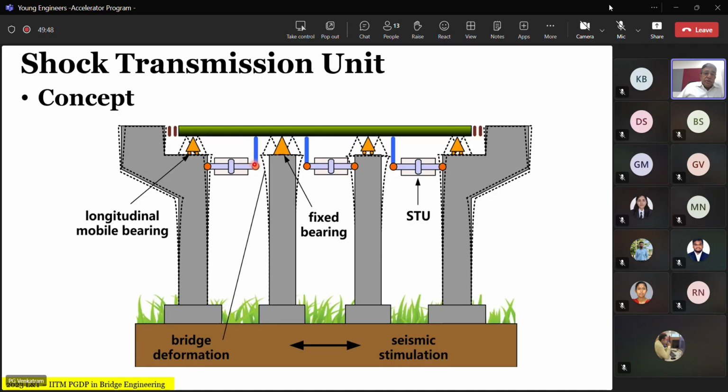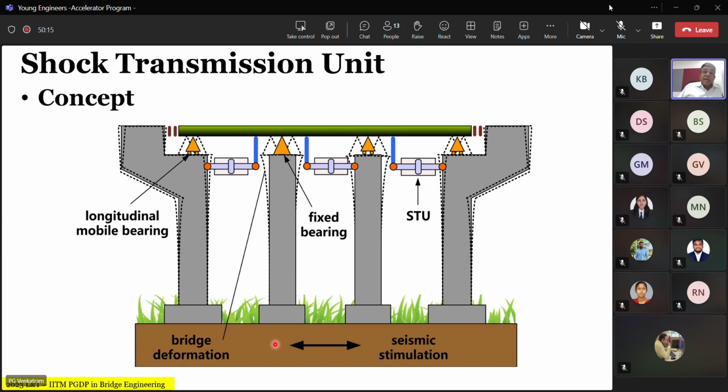So conceptually, once shock transmission units are fixed between all of them, you can see that, from a behavior in which only this pier deforms relative to the ground, all the piers will deform relative to the ground, with the dotted line, if the shock transmission units engage in a seismic simulation, which is essentially a very fast acting displacement.